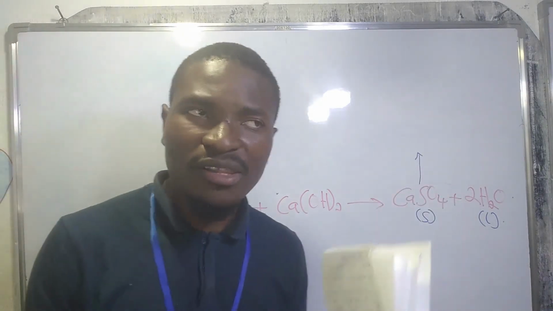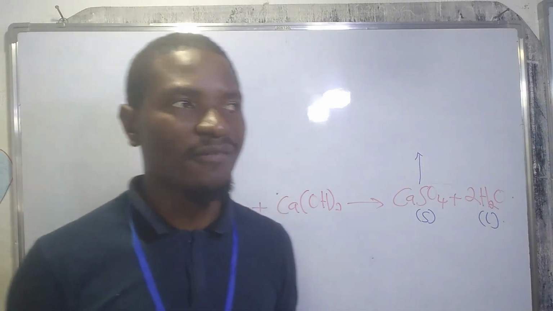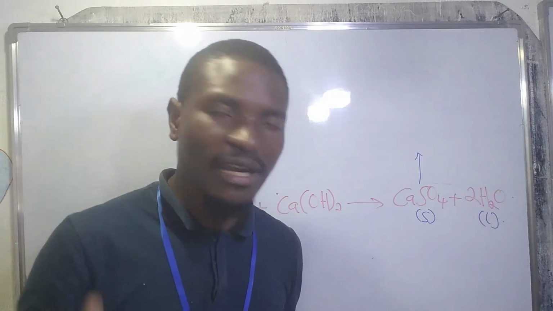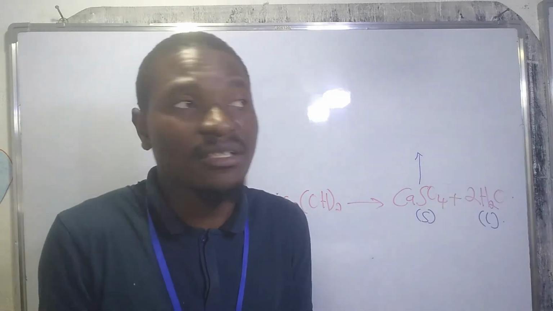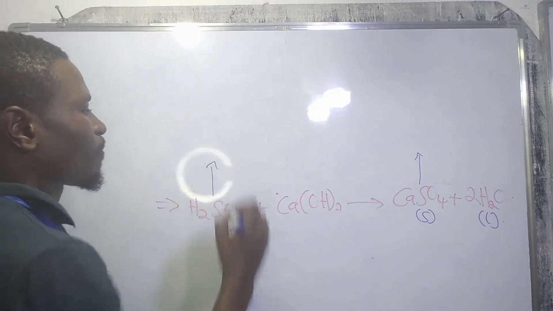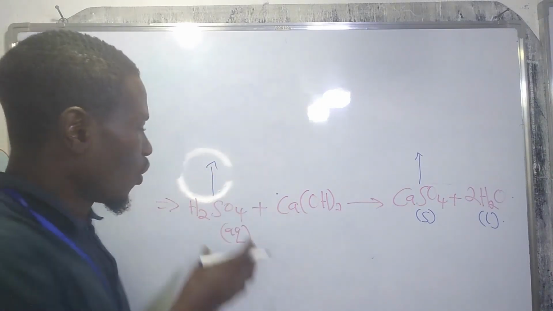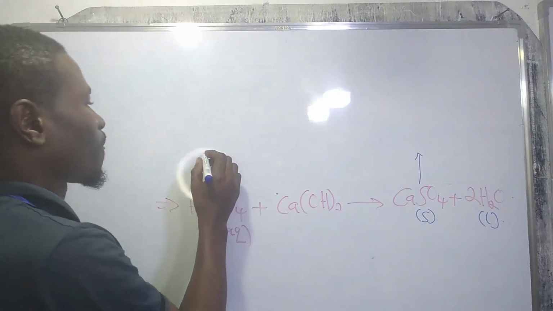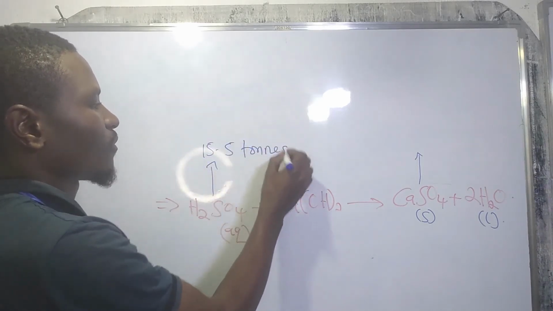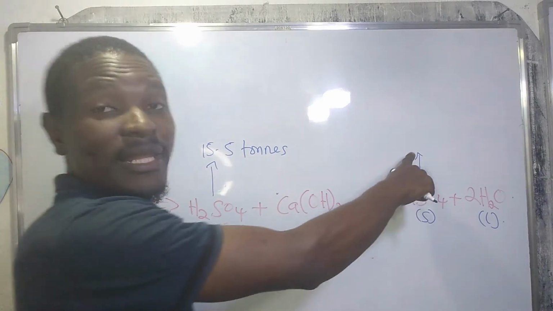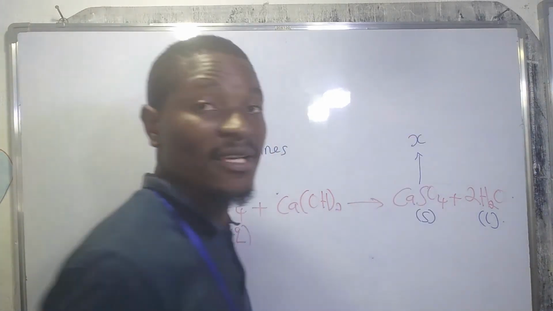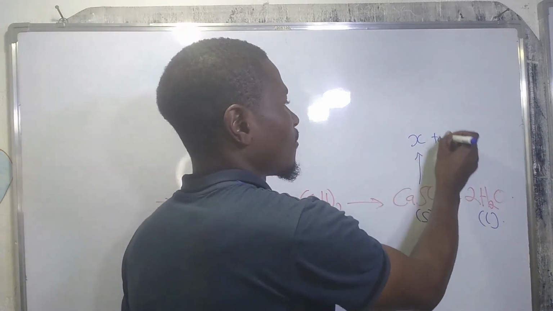On this one, we've got to be very careful, because we are only interested in the things that I know about. So I know that the mass of this sulfuric acid is 15.5 tons. Now the mass of calcium sulfate is X tons.